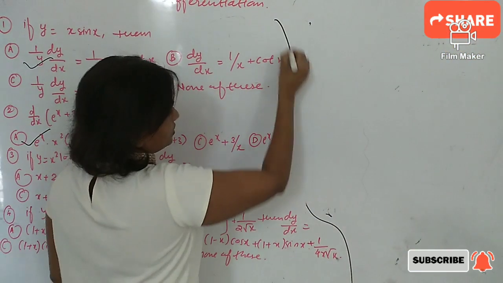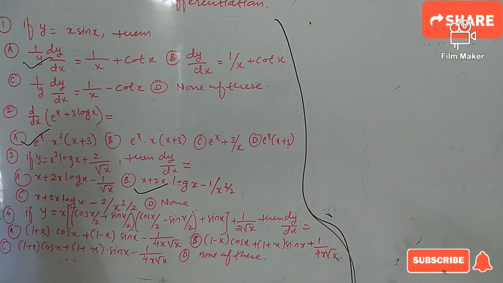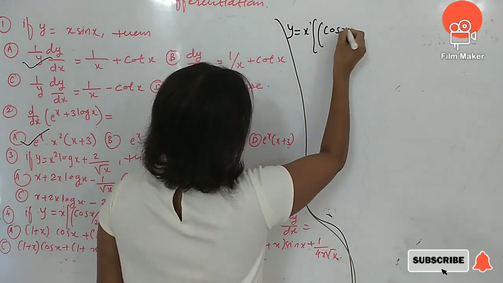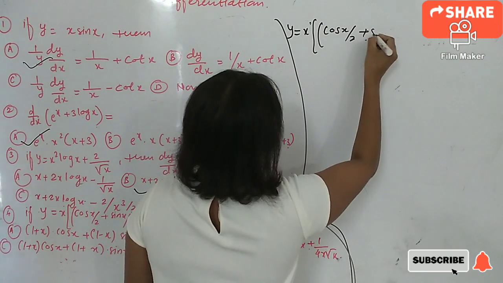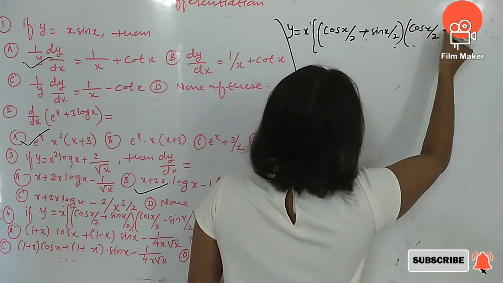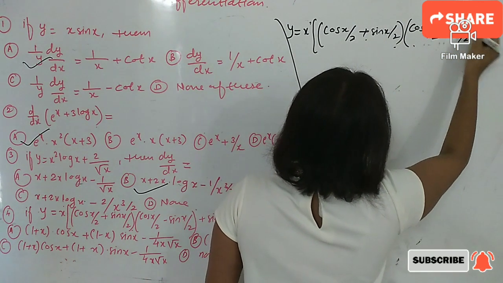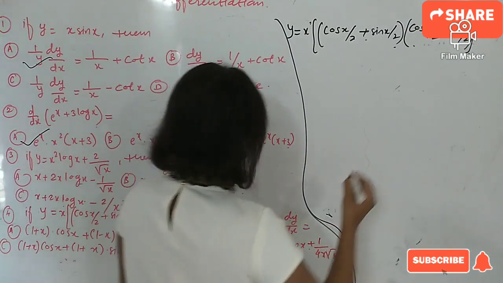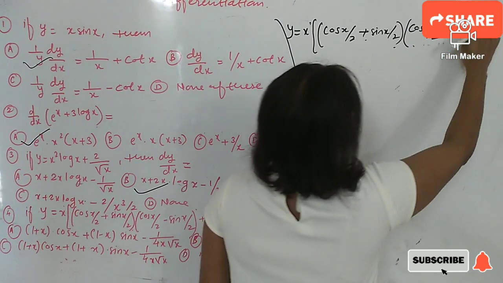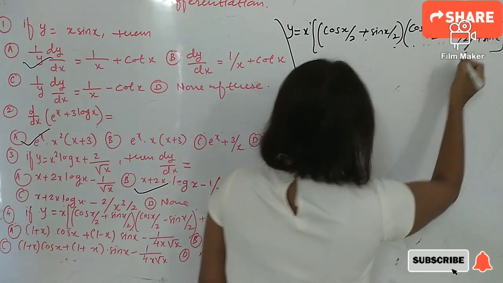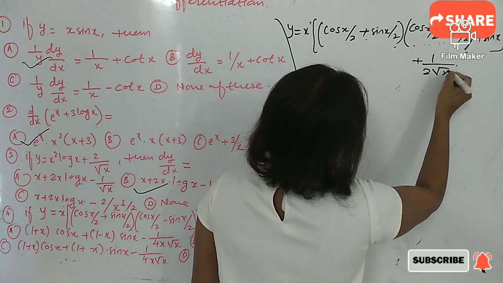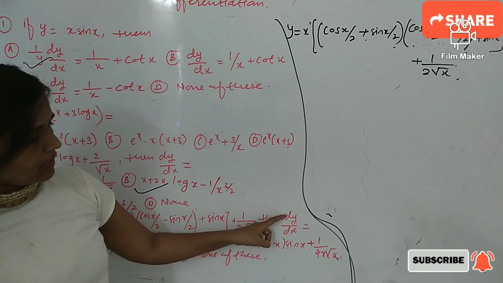So I am writing this question here. y is equal to x square bracket cos x by 2 plus sin x by 2, in the second bracket cos x by 2 minus sin x by 2, square bracket close, plus sin x, and plus one more term is 1 upon 2 root x. So we have to find the derivative of this value dy by dx.